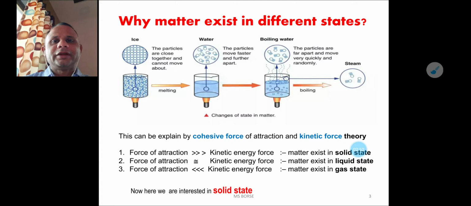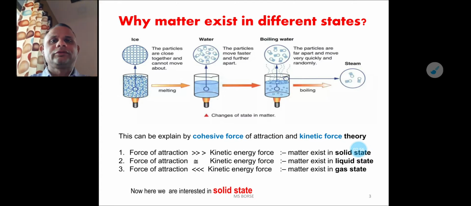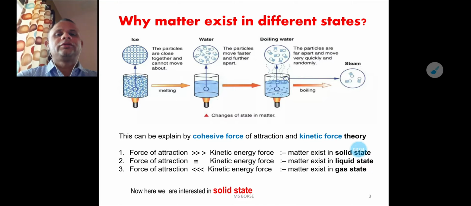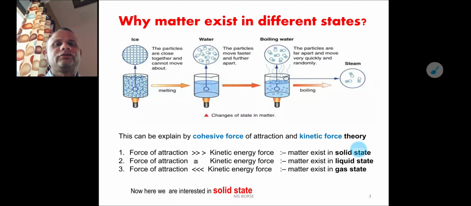It is the attraction between two similar types of molecules. The other type is the adhesive force of attraction, which is the force of attraction between two dissimilar types of molecules. But for matter, we consider potential energy as the cohesive force of attraction, that means the force of attraction between two similar types of molecules.